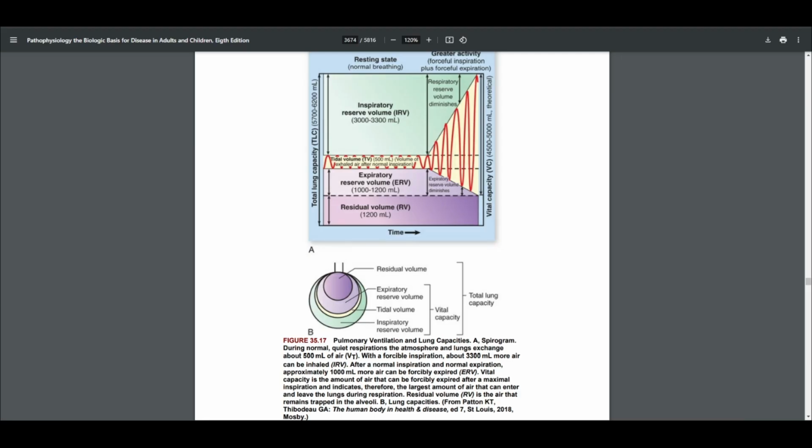After normal inspiration and normal expiration, approximately 1,000 ml more air can be forcibly expired. The vital capacity is the amount of air that can be forcibly expired after maximal inspiration, and indicates therefore the largest amount of air that can enter and leave the lungs during respiration. Your residual volume is the air that remains trapped in the alveoli. Figure B shows lung capacities.